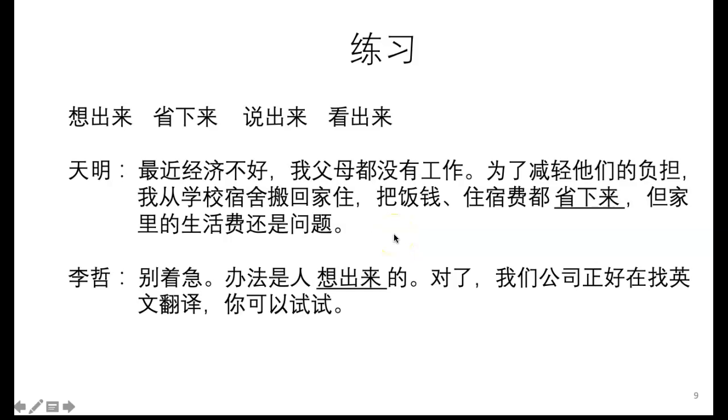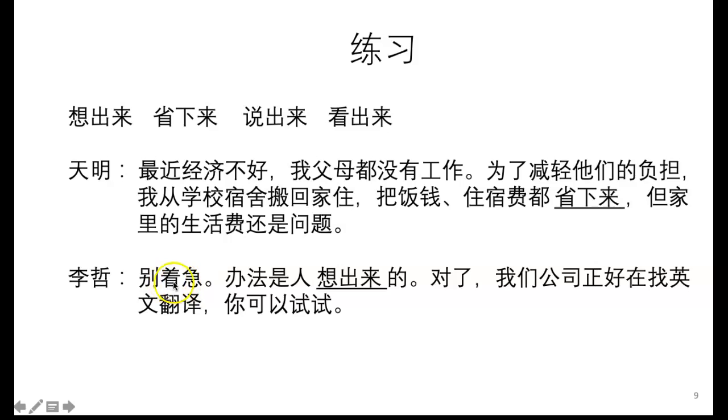Okay, so now let's take a look at it. 把饭钱住宿费都省下来. So if you consider all the expenses that you pay, things like your meals and your accommodation, cell phones or utilities, all these expenses as a whole piece, then by moving back to your parents' house, you can save part from this whole piece, like the expenses for your meals or accommodation. 所以省下来.